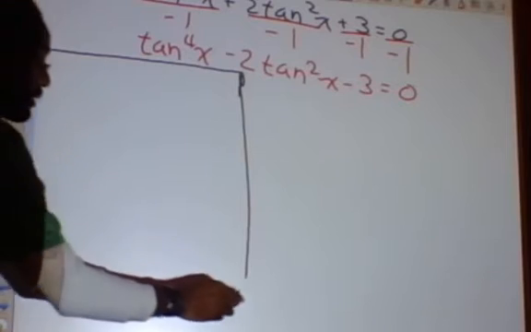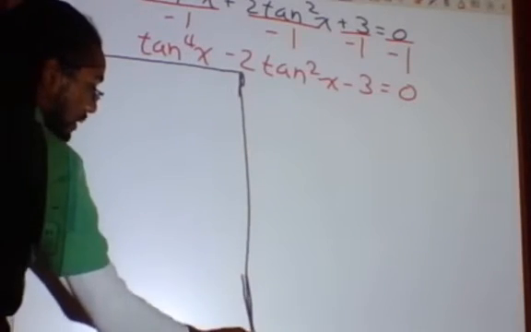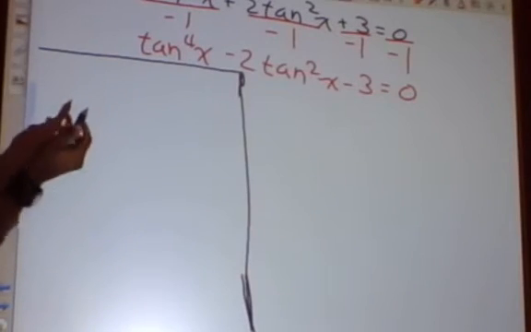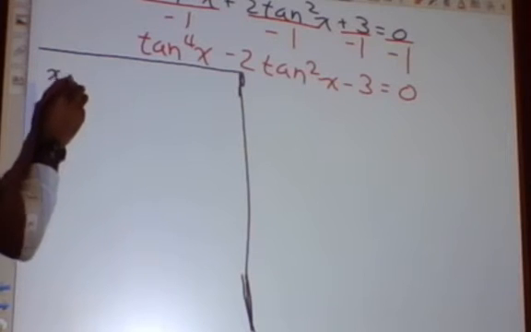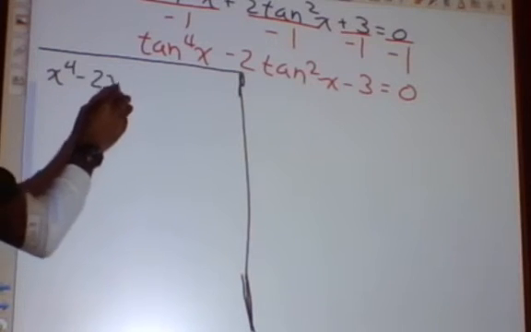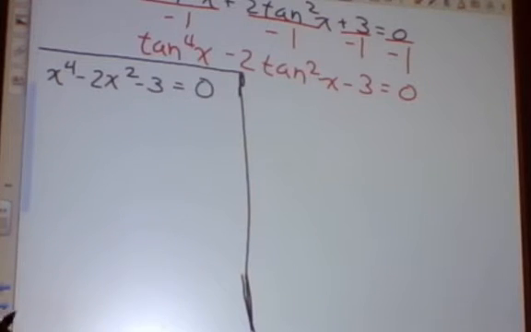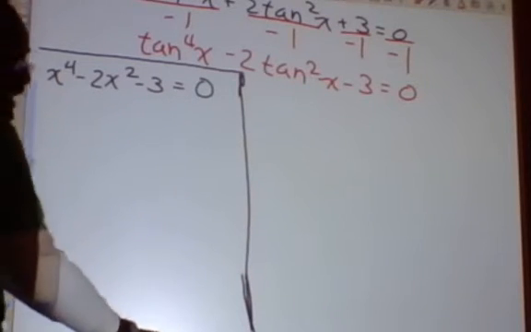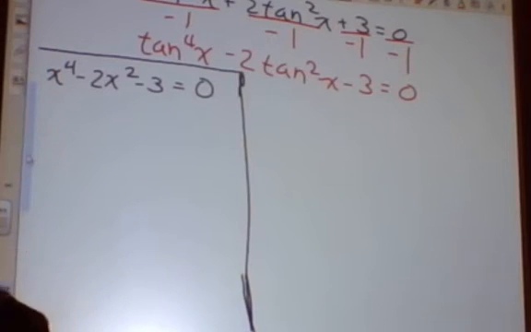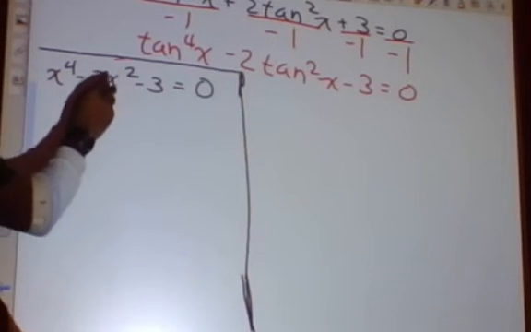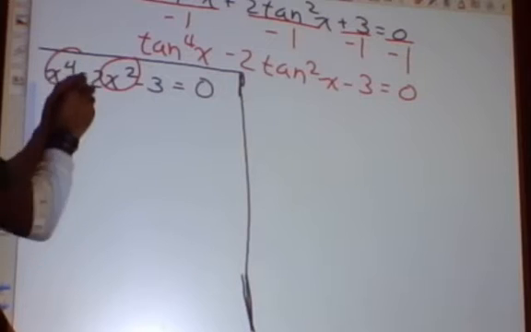So what we can do is we can make this thing into an algebraic expression. x to the fourth minus 2x squared minus 3 equals 0. Now, this next thing is going to be able to happen only if we have these things going on.